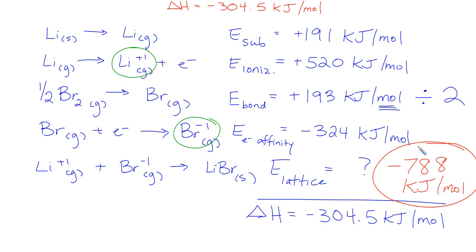We had to add a little bit of energy to make the lithium gaseous atoms, and then we had to add a little energy to form the lithium ion and to break the bromine bonds. So there are some steps in the process that are endothermic, but you should have an overall energy change that's exothermic. We're forming a more stable compound, even though a few steps along the way require a little energy.